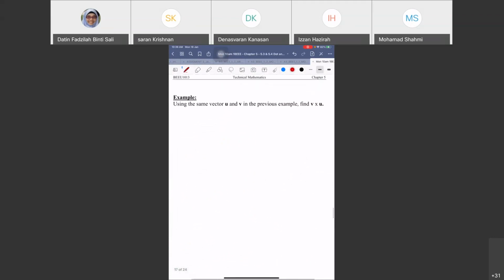Let me just write it again: vector u is 1, 2, 3, and vector v is 4, 5, 6. Now the question asks us to find v cross u. This is just to show you that the theorem actually makes sense, that it is a correct statement. Let's do this v cross w. Sorry, v cross u.